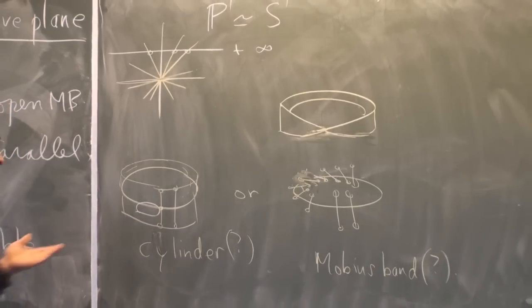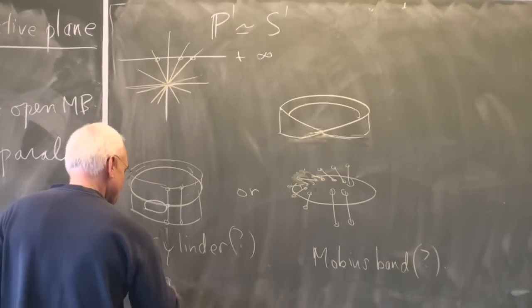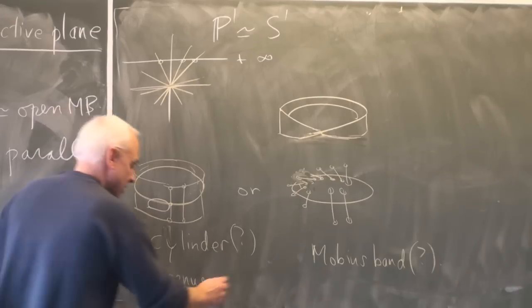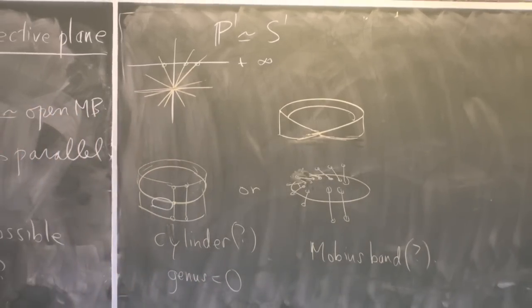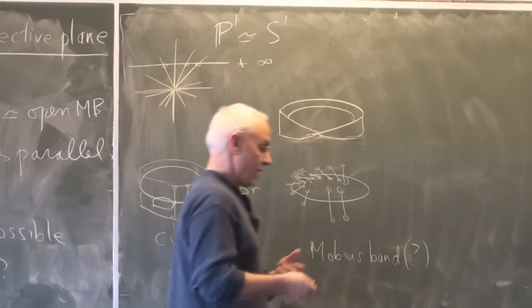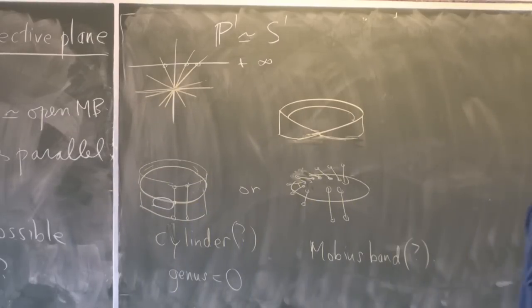So the cylinder has genus 0. We can't draw any loops which keep it connected. Remember, the genus is the maximum number of loops that we can draw which are non-intersecting and which don't separate the space.